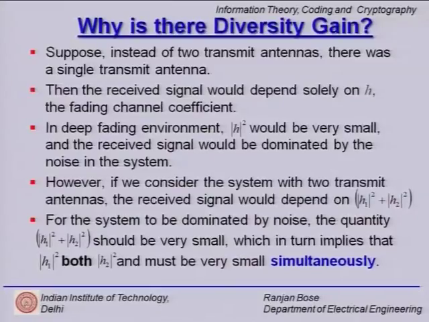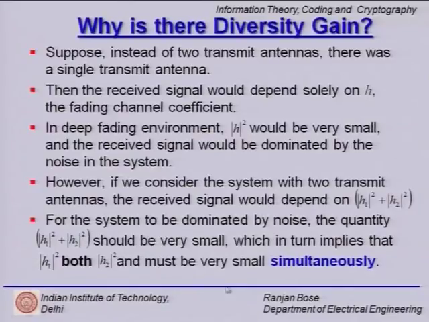So, let us suppose that instead of 2 antennas there was only one, then the received signal would depend only on the h, the fading coefficient, which can vary drastically. And what does h do? When the fading is bad, the value of h is small, so h squared is even smaller, and then the noise will dominate because the signal is just out of the picture.